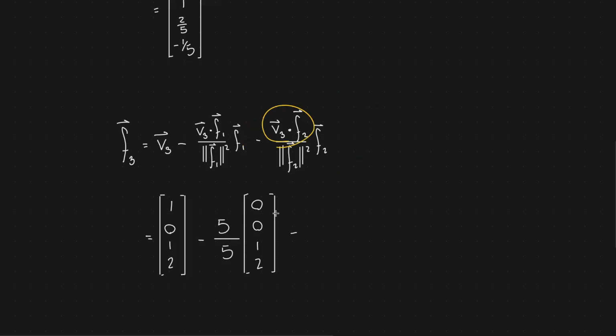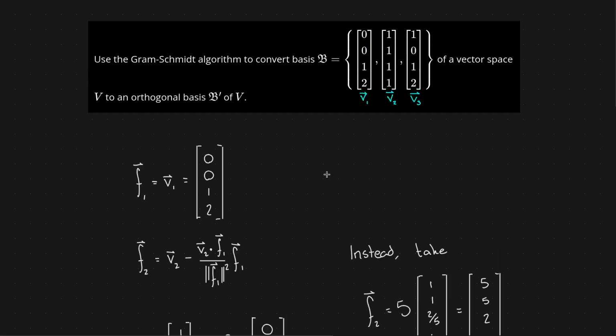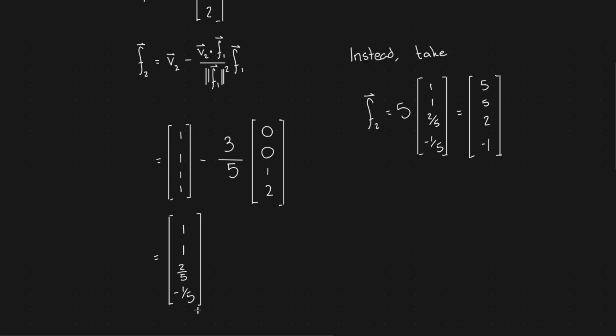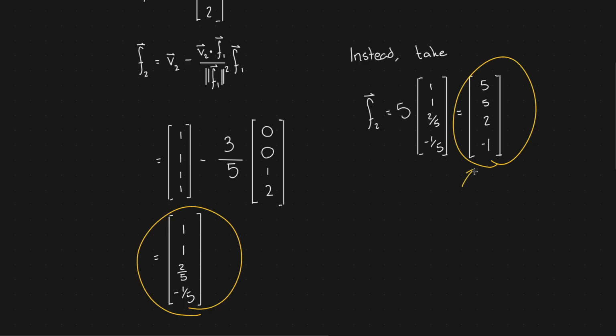Okay, so that's V3 dot F2 divided by the norm of F2 squared times F2. So I need the dot product of V3 and F2. Now, again, it doesn't matter whether you use this one or this one, but which one would you like to use if you're taking a dot product? Probably this one, right? Fewer fractions.